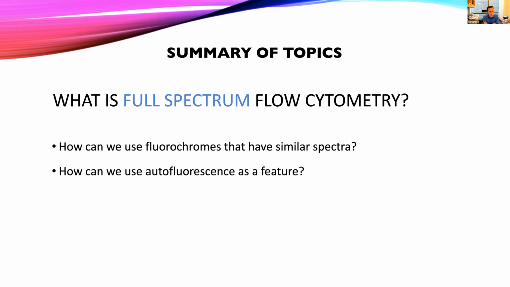In particular, how can we take advantage of this technology to look at fluorochromes that have very similar or overlapping spectra? And also, how can we use autofluorescence to our advantage? We will be taking a look at those things with Kathy on the instrument.